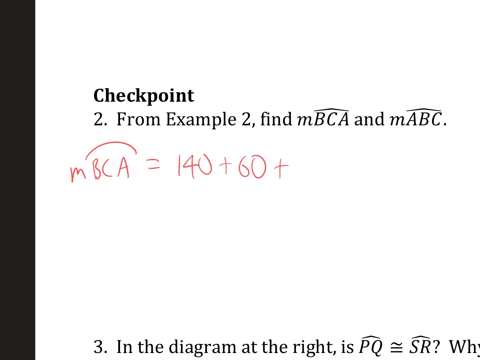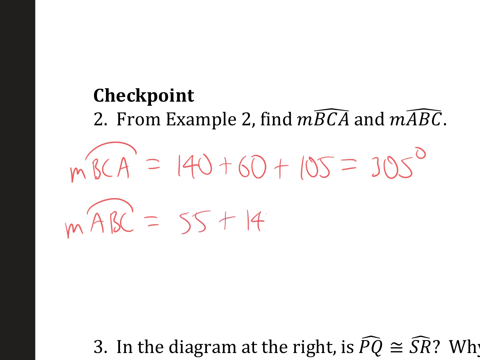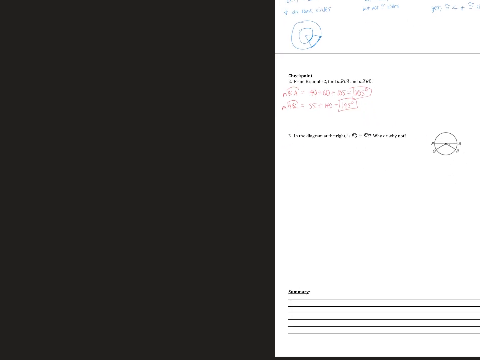There are 3 arcs to make this up, plus 105, which is going to equal 305. And then measure of ABC is going to equal 55 plus 140, which is going to equal 195. So these should be the measures of those arcs.